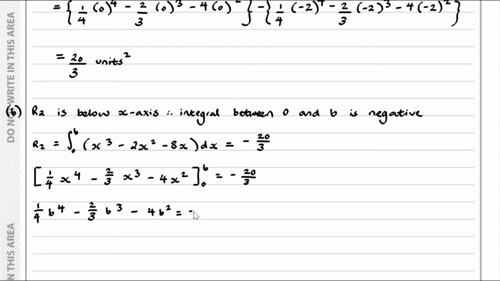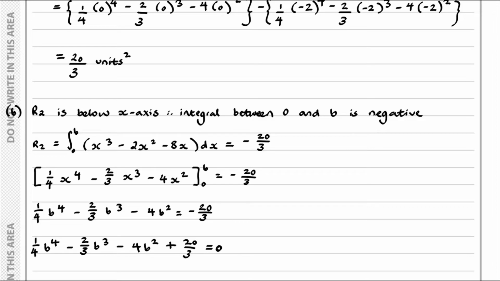So all this is equal to -20/3. So with a slight bit of rearranging, we have 1/4 b⁴ - 2/3 b³ - 4b² + 20/3. That's all equal to 0.